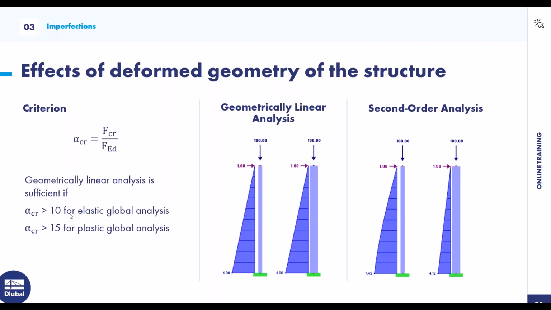Alpha crit larger than 10, then it's sufficient to apply the geometrical linear analysis for an elastic design. And if you want to do a plastic design, alpha crit must be larger than 15, then you can also design according to the geometrical linear analysis. Okay.